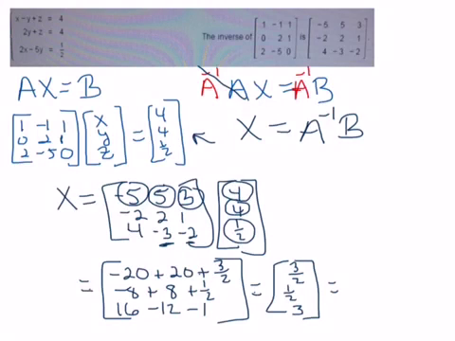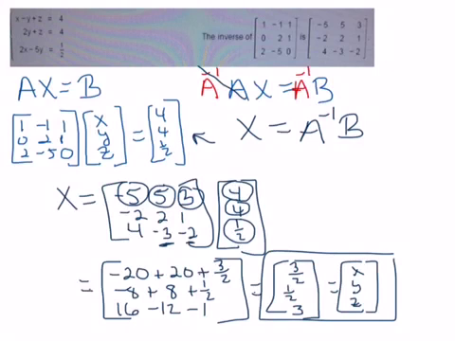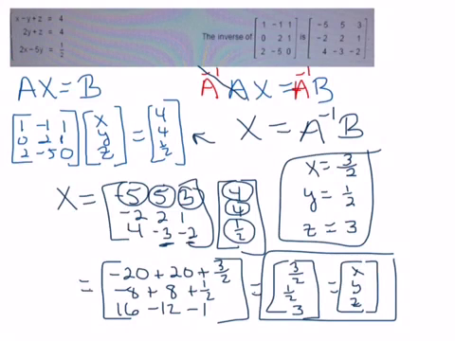And remember, this was our matrix X, so that must be equal to X on the top, Y in the middle, and Z on the bottom. Sometimes you can answer in matrix form, and sometimes you just write X equals 3/2, Y equals 1/2, Z equals 3. Done.